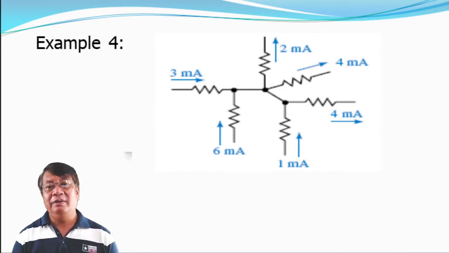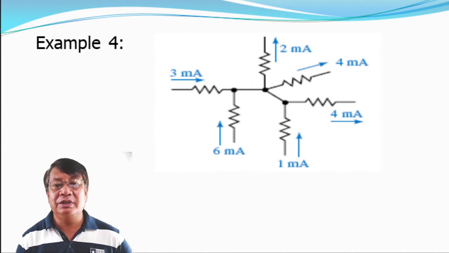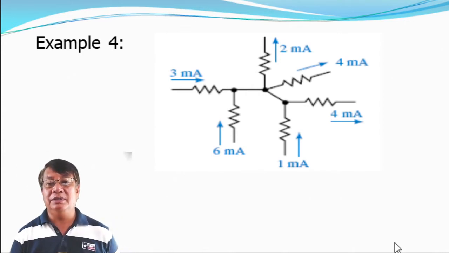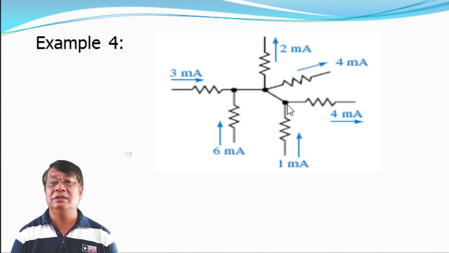So anyway, let's continue with example number 4. As you can see in example number 4, how many currents do we have? It seems that we have three nodes, as you can see here. This one here, and this one here. But this is just an exaggerated illustration.